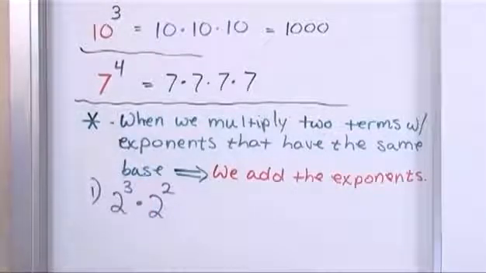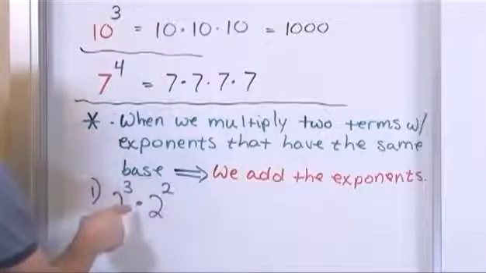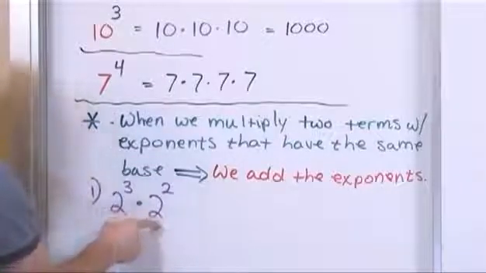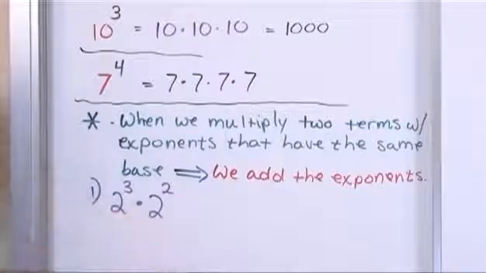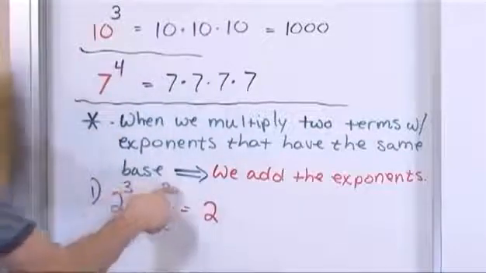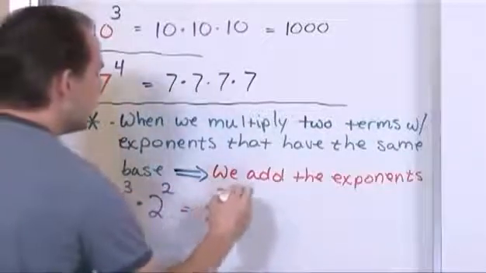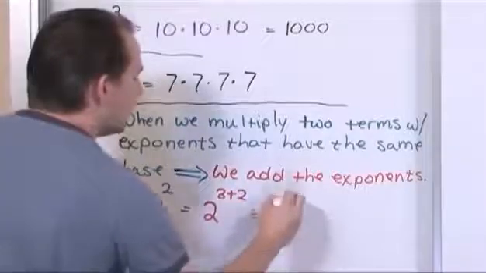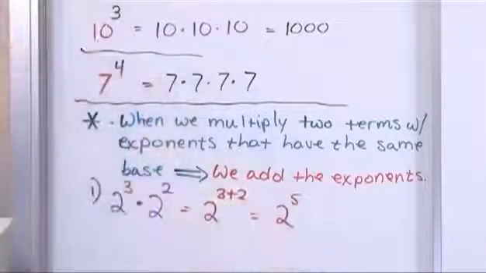Well, what this rule is telling you is, if we're multiplying these things together and they have the same base, which they do in this case, 2 is the same base, then all you do is you add the exponents together. So the answer here is 2, and you take 3 plus 2. So you say 3 plus 2 in the exponent. So that's 2 raised to the power of 5, and that's the answer, 2 raised to the power of 5.